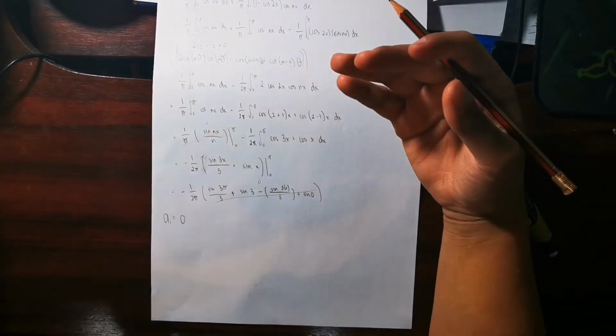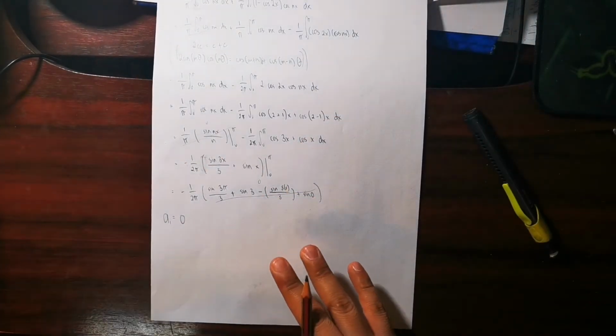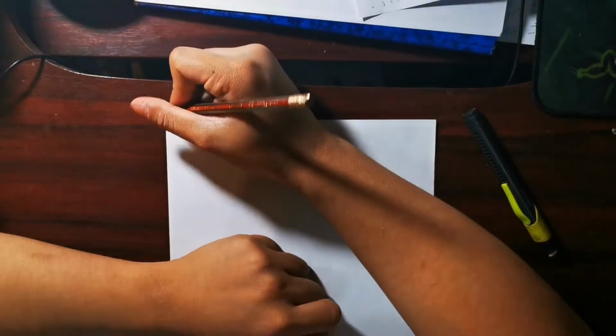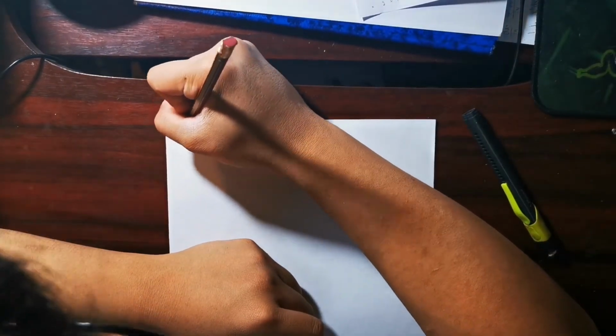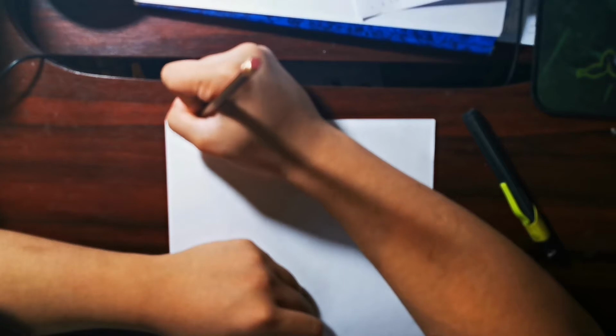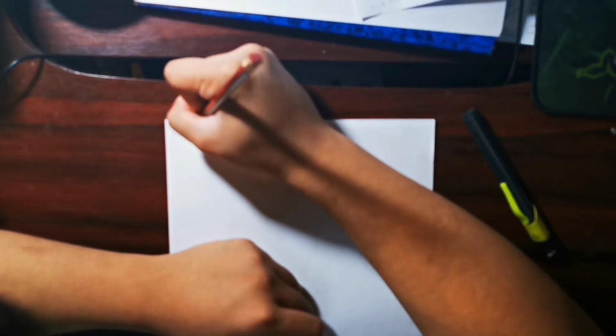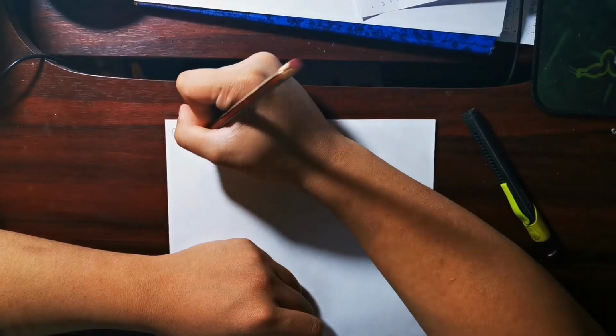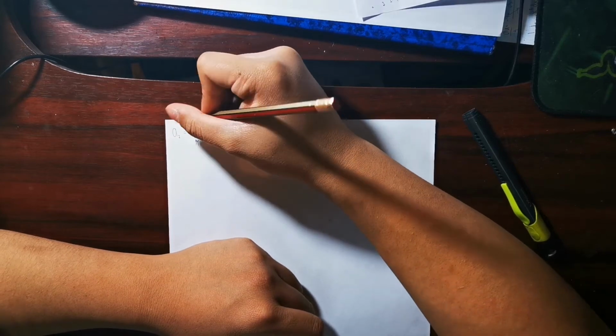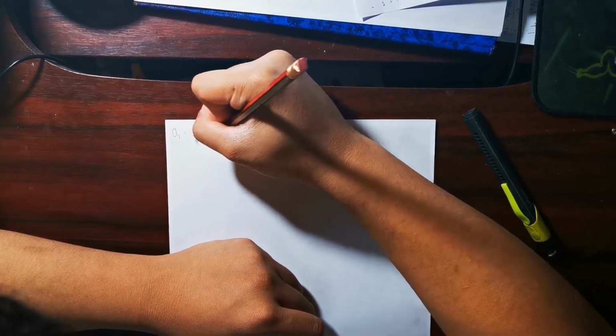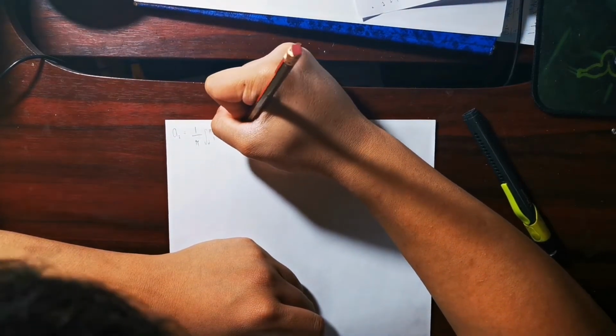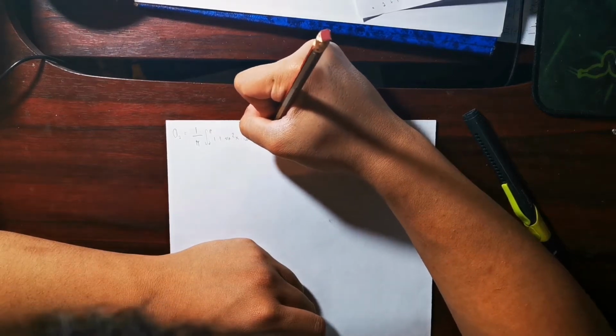Okay, let's repeat it again. This time we'll get a sub 2. Let's try a sub 2. A sub 2 is equal to, let's take the shortcut, 1 over pi from 0 to pi of 1 plus sine squared x cos nx dx.